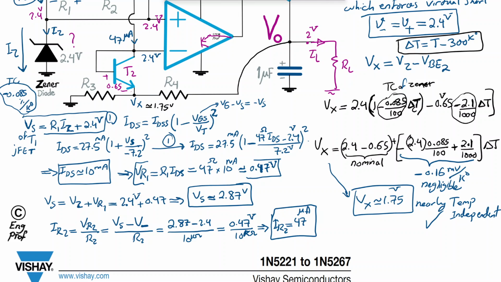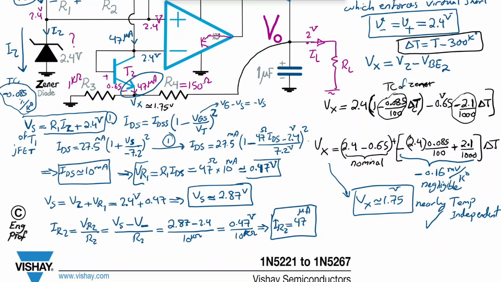And given that the current, I showed the current is very small, 47 microamp, that is basically provided by the emitter of transistor T2, with the selection of, let's say, R3 to be 1 kilo ohm and R4 to be, let's say, 150 ohm, then we just have a very simple voltage divider effectively.